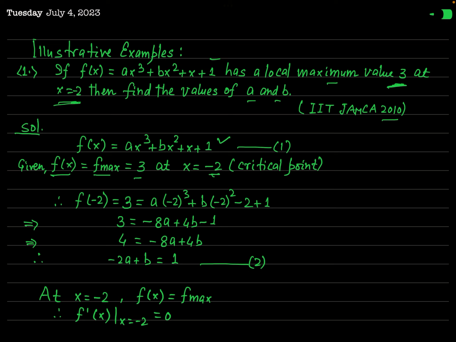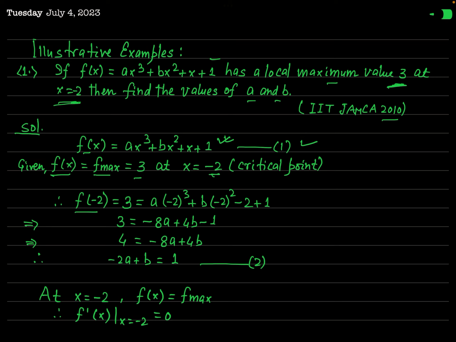So when you substitute x equal to -2 in this equation 1, then you will get the maximum value of this function, because the problem says that the function is maximum when x is equal to -2, and its maximum value is 3. So let us put x equal to -2 in this equation 1, and then you will get the maximum value of function f of x, which is 3.